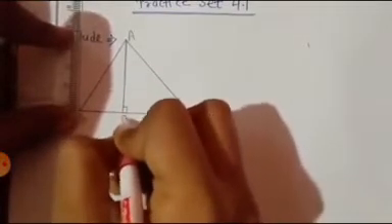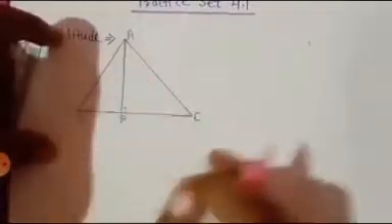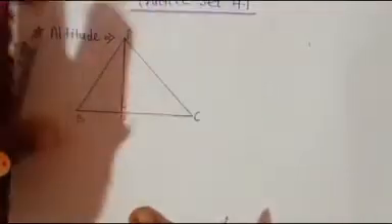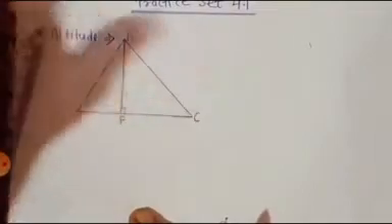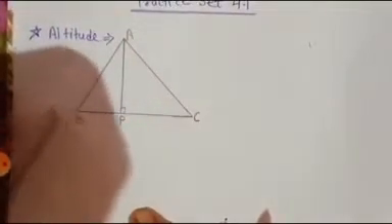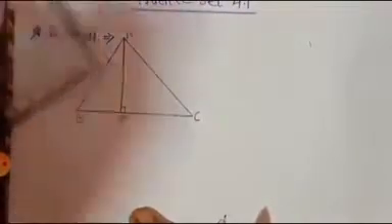Height is called altitude. In mathematical language, we call height an altitude. This is one altitude of a triangle, which is based on BC and passing through A. In one triangle we have three altitudes; at the most we can draw three altitudes. This is the first altitude.